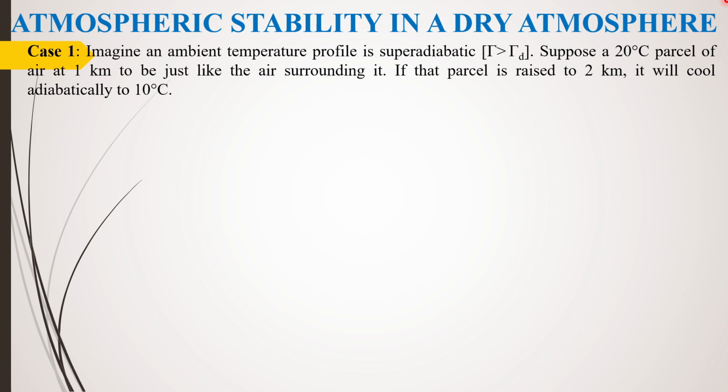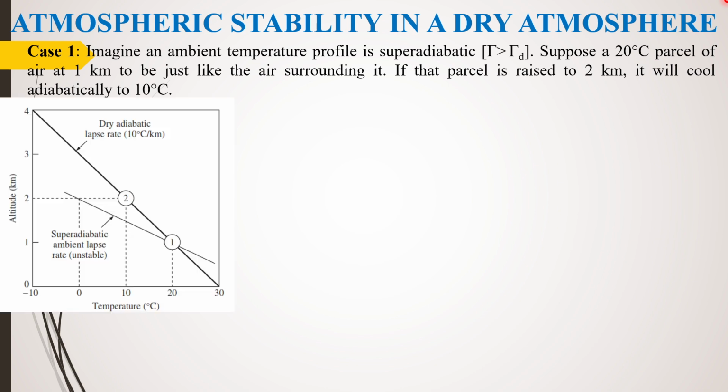Suppose a 20 degrees centigrade air parcel at 1 kilometer is just like the air surrounding it. If the parcel is raised to 2 kilometers, it will cool adiabatically to 10 degrees centigrade.